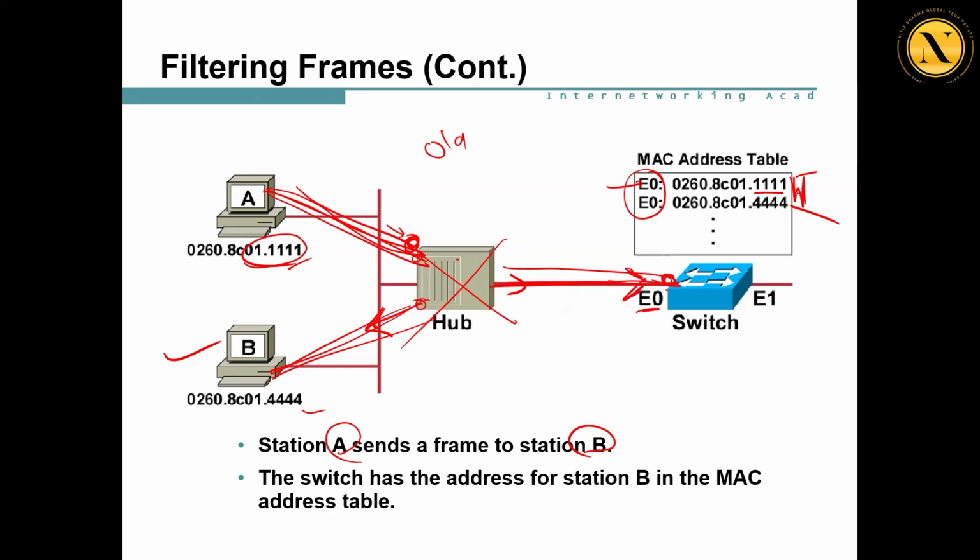It's going to check its MAC address table. Both are from E0. What will the switch do? Can you give me some idea, hint? What do you think the switch will do? I'll send the frames. It will forward the frame from E0 port. Correct? It won't actually.